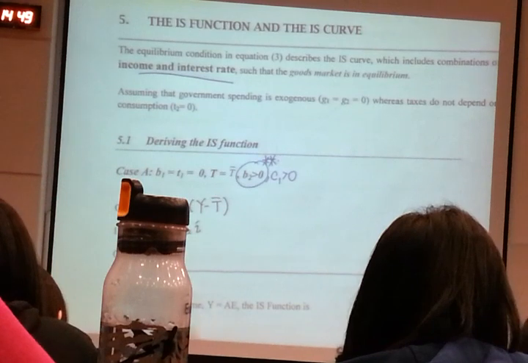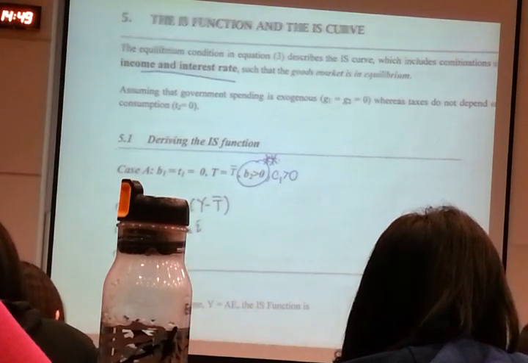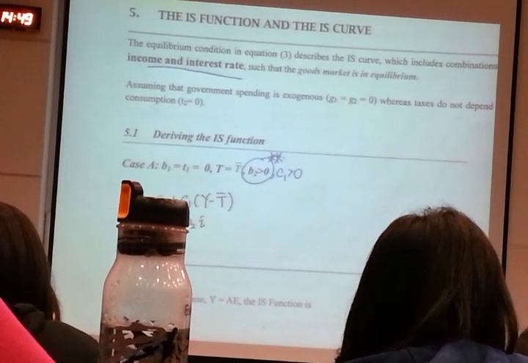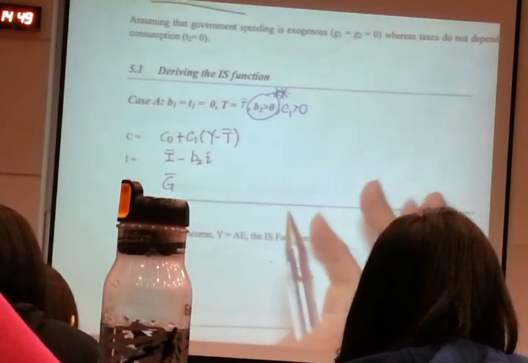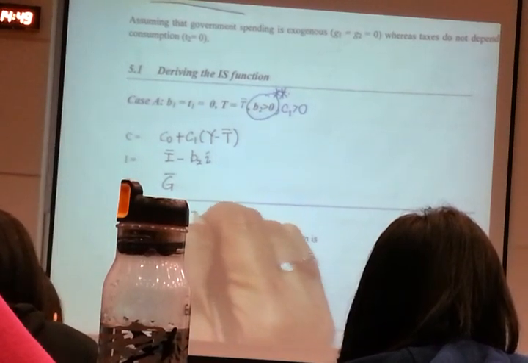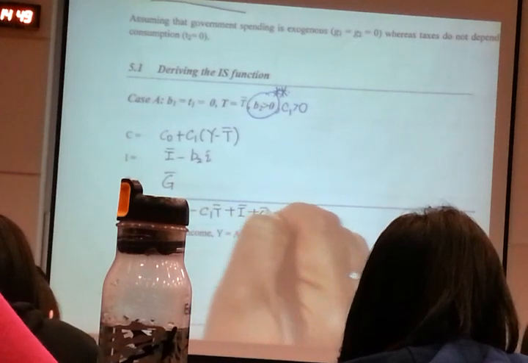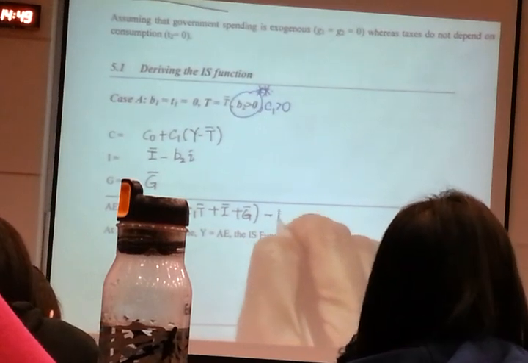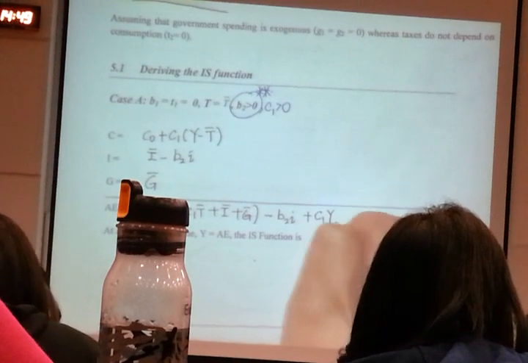That's why you only memorize C, I and G. Then you substitute the given conditions into the equation. G is G bar. Then of course, we put in the AE again. We collect all the fixed spending, C0 minus C1 T bar plus I bar plus G bar. But remember, we still have a minus B2 i and we have a plus C1 Y.